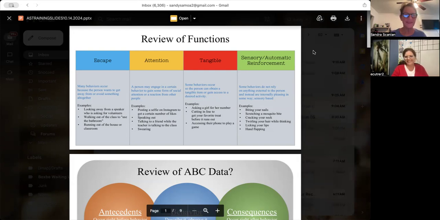What are we talking about today? I've got the screen sharing on some behavior functions, and we'll just start from there. What we've been talking about lately with the group, and it's been super informative for us, is functions of behaviors.